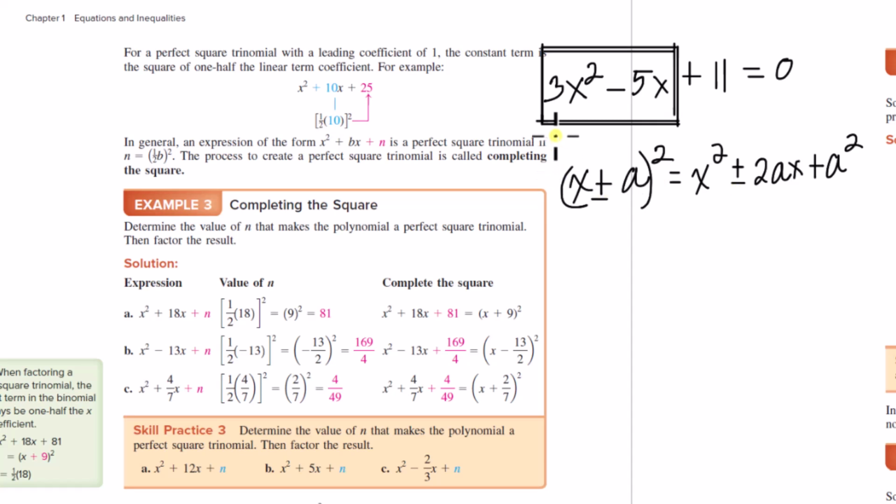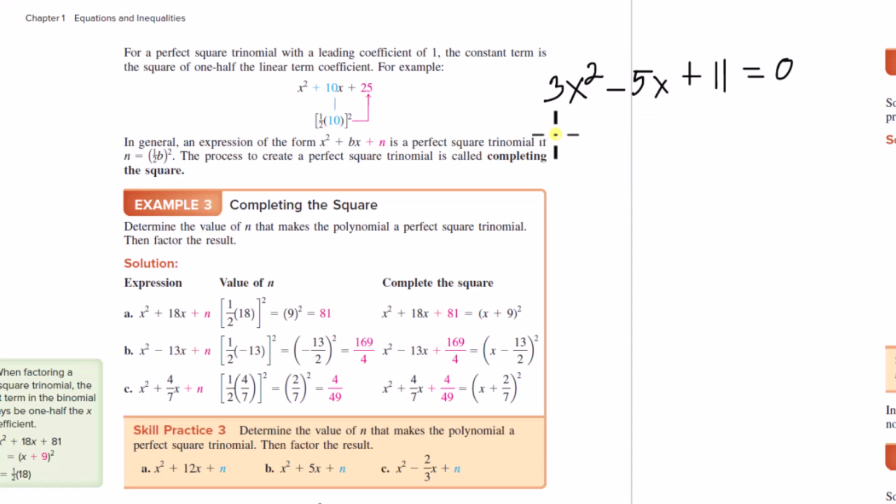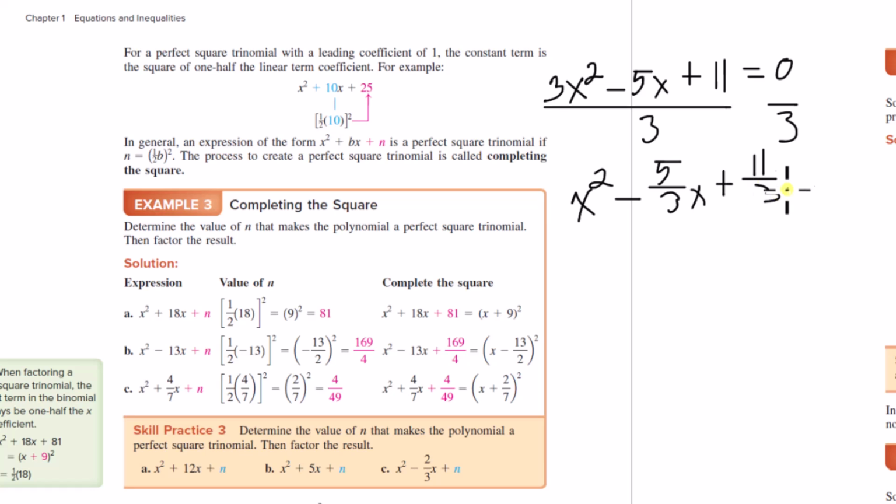In this case, we'd have to get the coefficient of 1 in front of the x squared. So we do that first. We would take this and divide the entire equation by 3. So you'd get x squared minus 5/3 x plus 11/3 is equal to 0. But it's nice if you already have a coefficient of 1 in front of the x squared, that's fine. Now we focus on these two terms, okay?